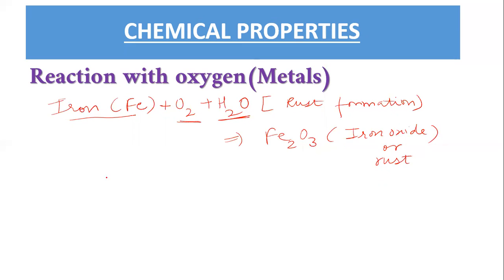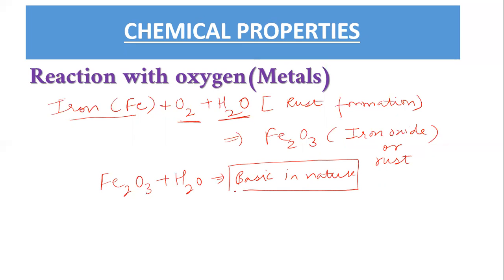Now when it reacts with water, the solution is basic in nature. You can perform an activity where you take some rust and dissolve it in water, and then when you check it with litmus paper, you will see that red litmus paper turns to blue. You can try it.